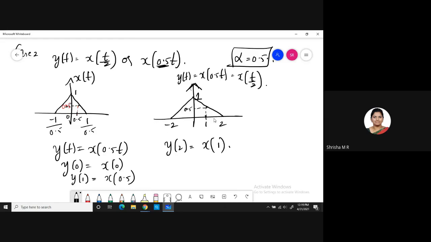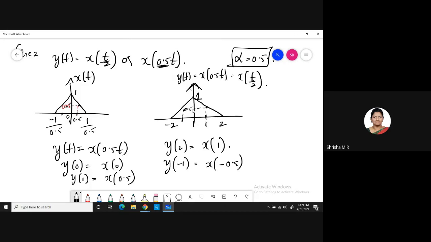Clear? Then we'll take y of -1, which is equal to x of -0.5. So what is the amplitude at x of -0.5? It's 0.5, ma'am. So at y of -1, the amplitude would be 0.5.